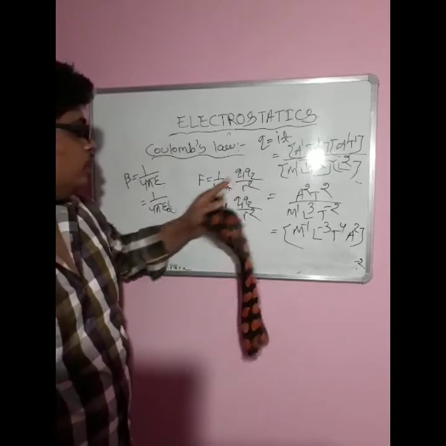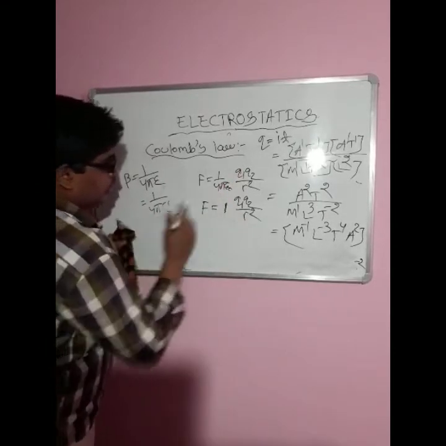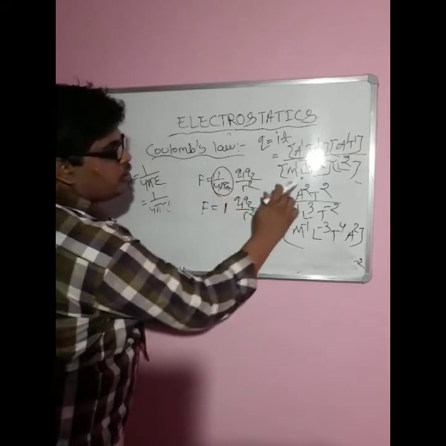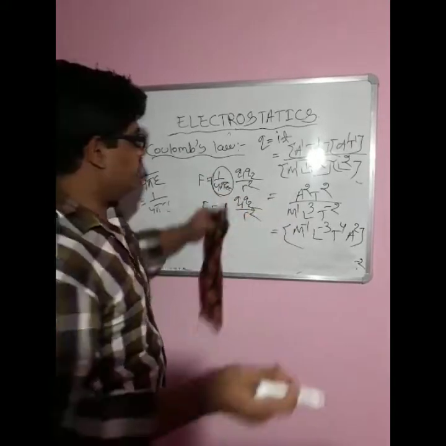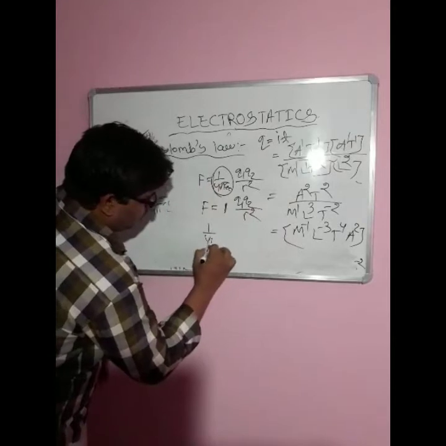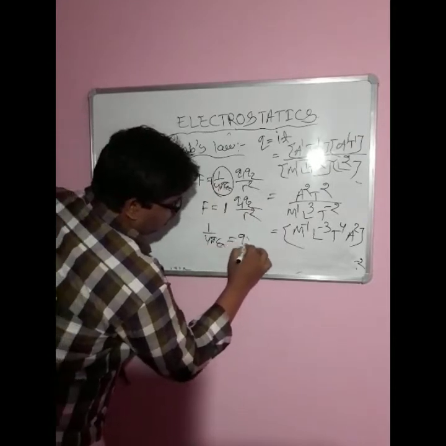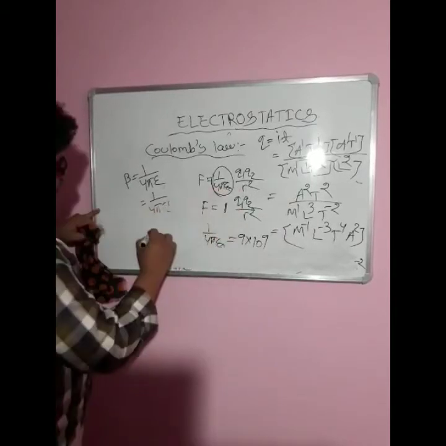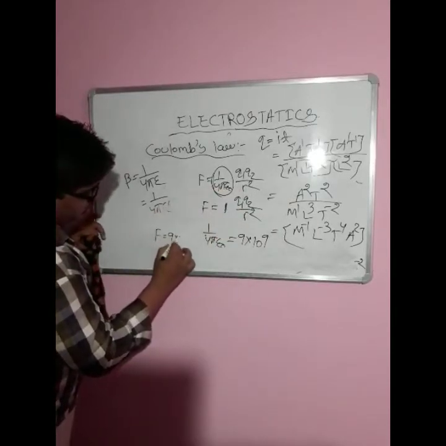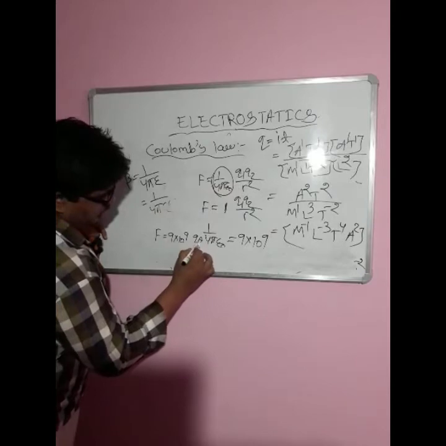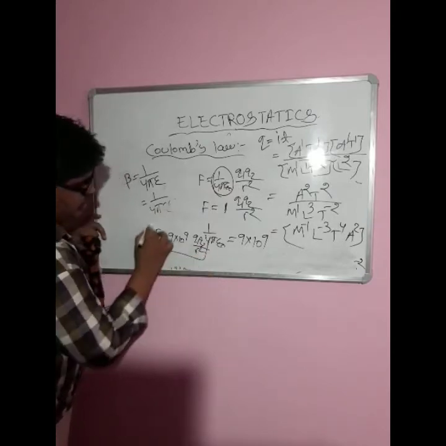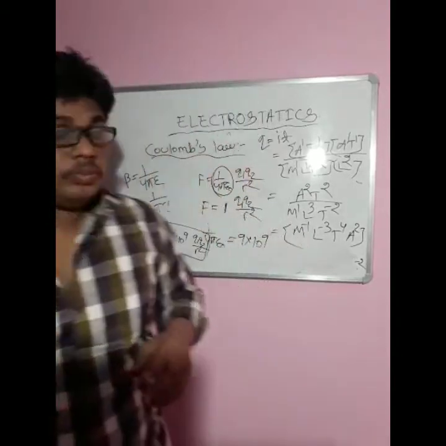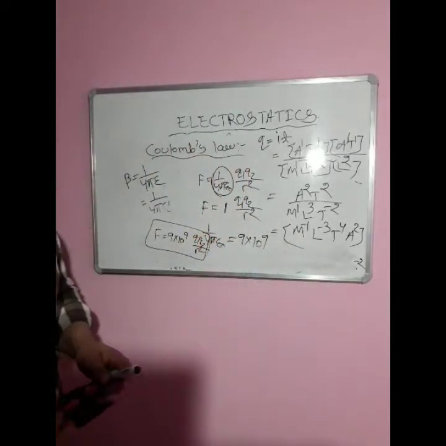Now putting the value of epsilon 0, 8.85 into 10 to the power minus 12, 1 by 4 pi epsilon 0 is equal to 9 into 10 to the power 9. Putting this, F is equal to 9 into 10 to the power 9 Q1 Q2 by R square. This is the Coulomb's force. Clear? This is in scalar form.